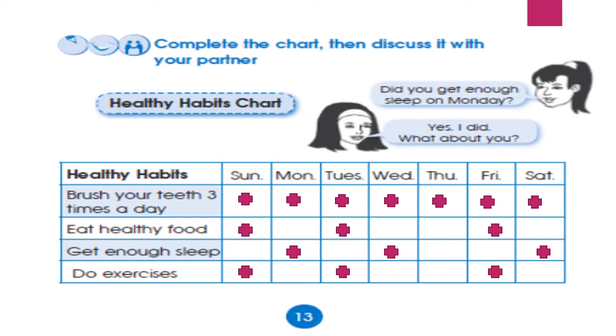The rest of the days I don't do exercises. Okay? These are our healthy habits on this page: brush your teeth 3 times a day, eat healthy food, get enough sleep, and do exercises. Okay?